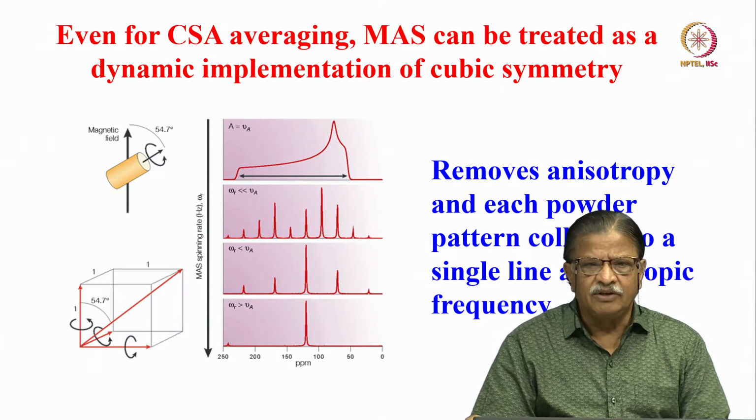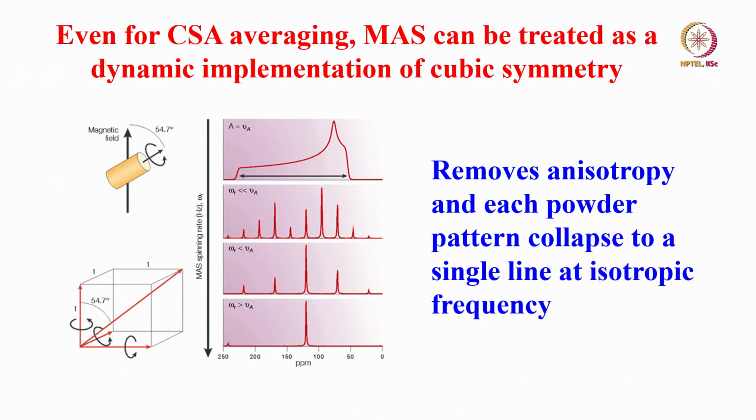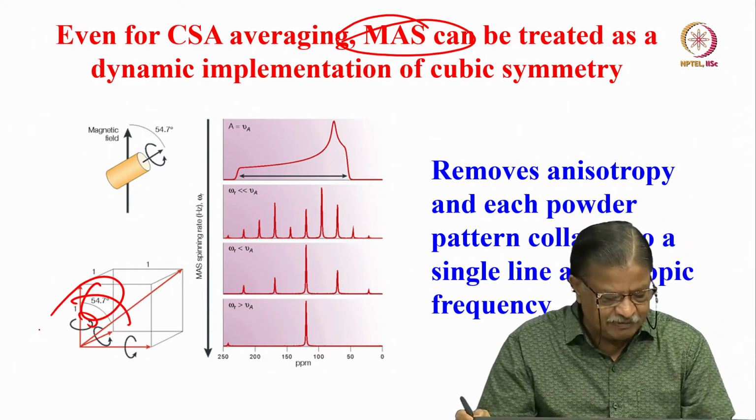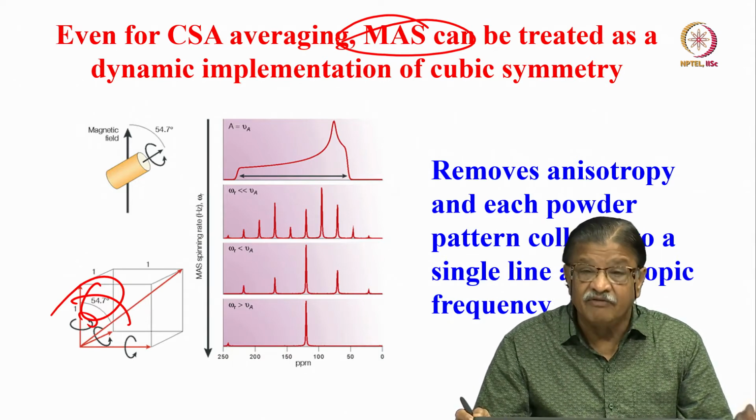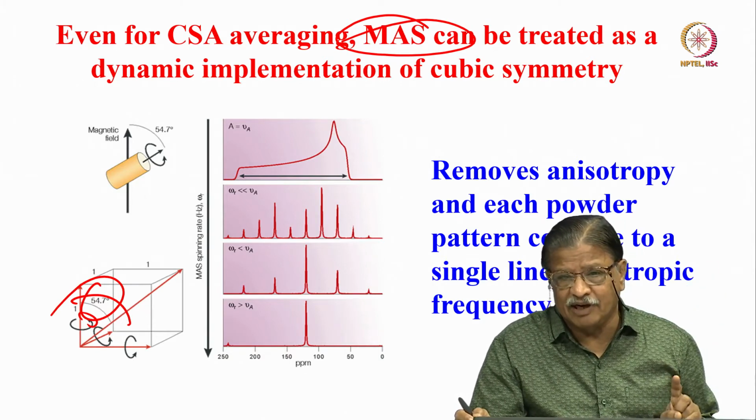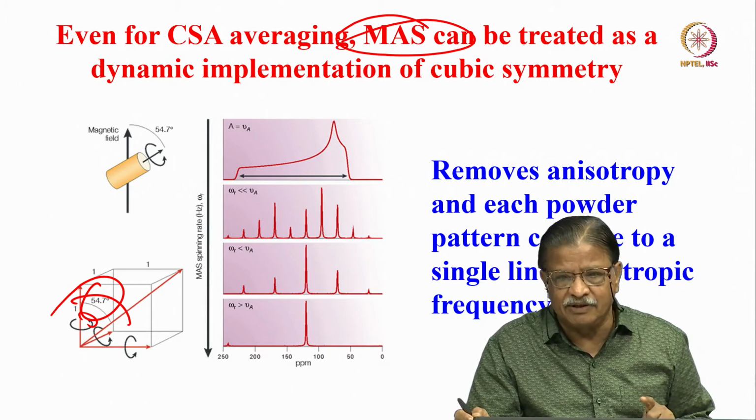So even for chemical shift averaging, analogous to magic angle spinning, it can be implemented and treated as a dynamic implementation of the cubic symmetry. Again, we saw the cubic symmetry. We understood that the body diagonal makes 54.7 degrees with respect to the z axis, which is, let us say, along the magic angle. We saw for the internuclear vector in the dipolar coupling, it is a dynamic implementation of the cubic symmetry.